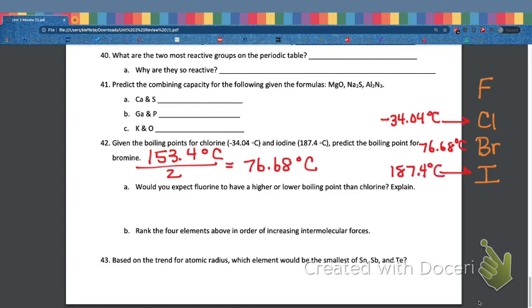And so the question is, would you expect fluorine up here to have a higher or lower boiling point than chlorine? So it's going to be lower, right? Because it's increasing as we go down the column.